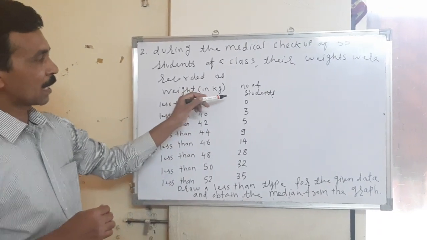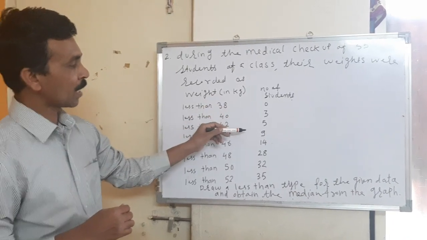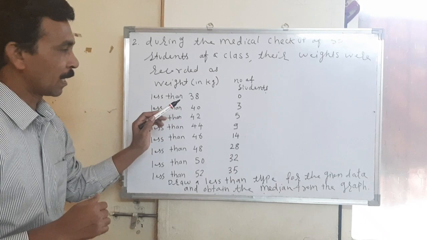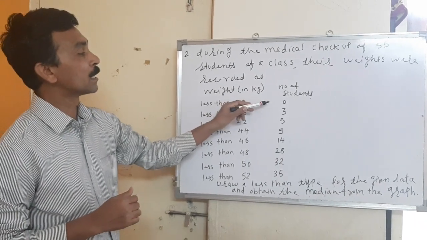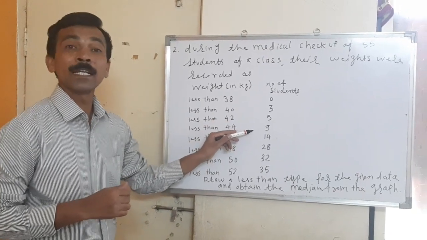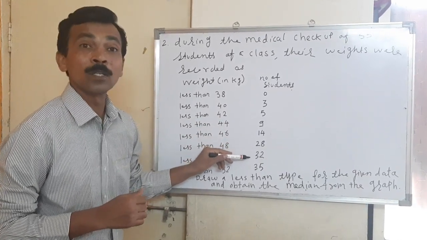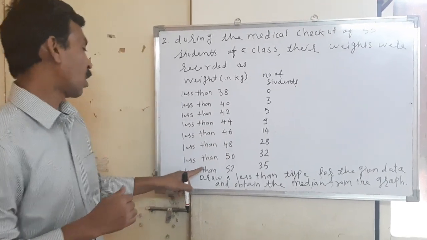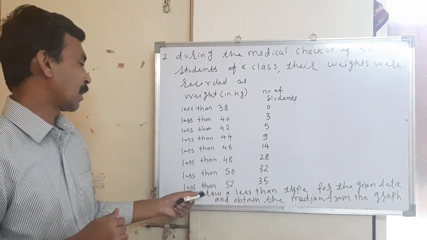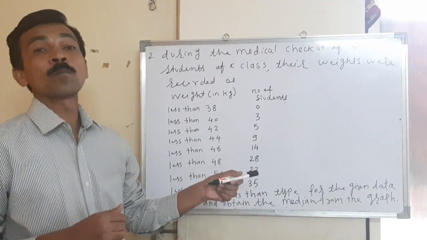And the number of students are 0, 3, 5, 9, 14, 28, 32, 35. Draw a less than type ogive for the given data and obtain the median from the graph.